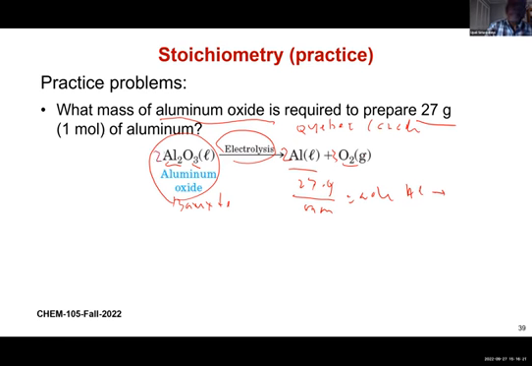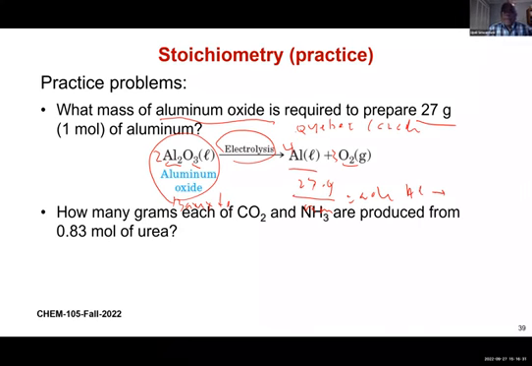Then 2 here becomes 4 here. So now it's balanced. Let's come back to this in a minute.